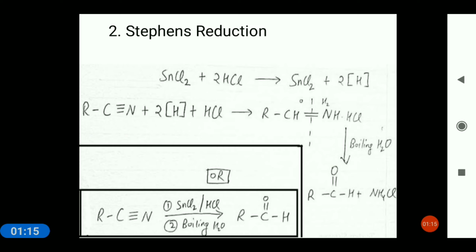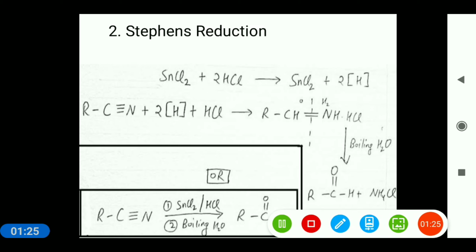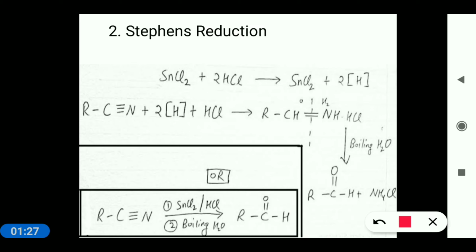Next is Stephen's reduction. In Stephen's reduction, the reaction of stannous chloride with HCl gives rise to SnCl4. This is not SnCl2, this is SnCl4. With this reaction, formation of hydrogen takes place.